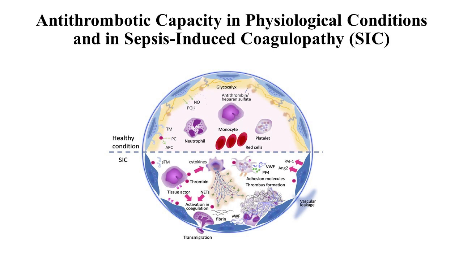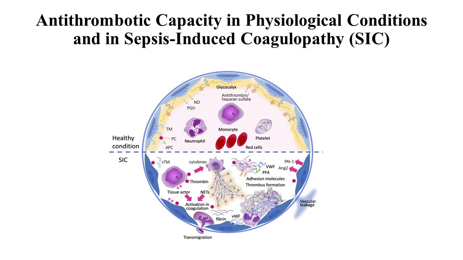Thrombin levels increase significantly, converting fibrinogen into fibrin and amplifying clot formation. Platelets become activated and interact with von Willebrand factor, VWF, which is released in large amounts from endothelial Weibel-Palade bodies. Adhesion molecules are upregulated, promoting platelet-leukocyte aggregation and thrombus formation.